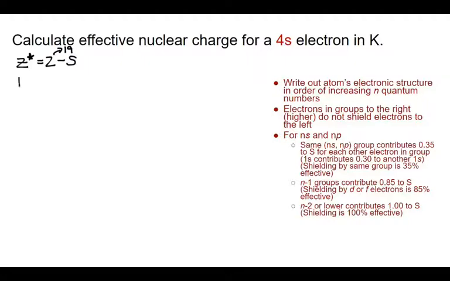And so we'll start with writing out the electron configuration, but we're going to write it out in a special way. So we're going to go by n quantum number, and we're going to put things together in these little groups, so that the p and the s electrons are together.